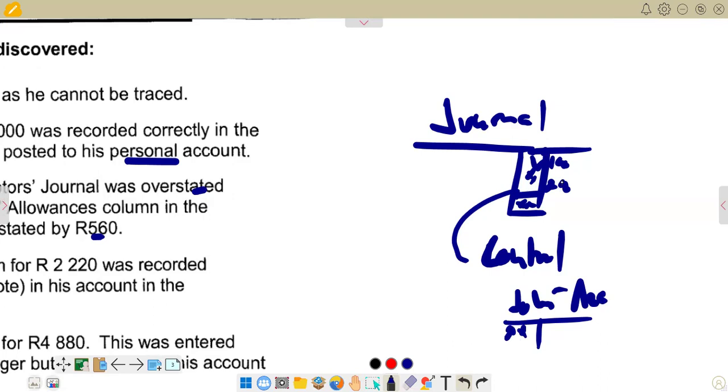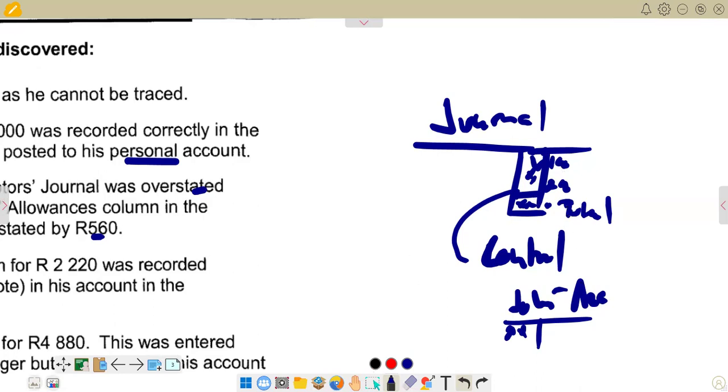And we transfer 200 separately, entering it to the name of the account. But for the control, we only take the total figure. That's the only figure we are transferring to the control. But to the ledger or the list of balances, we transfer individual accounts.